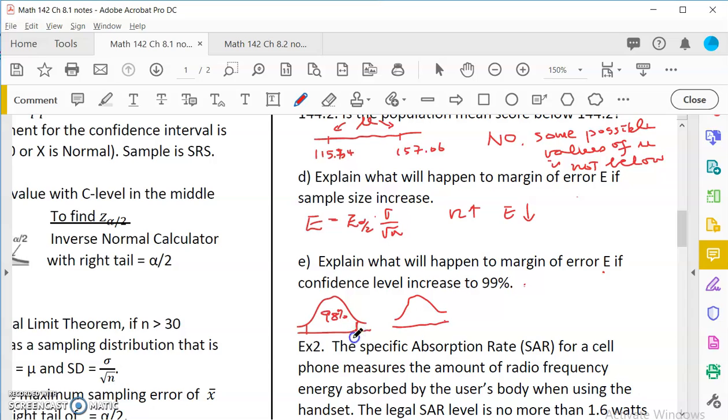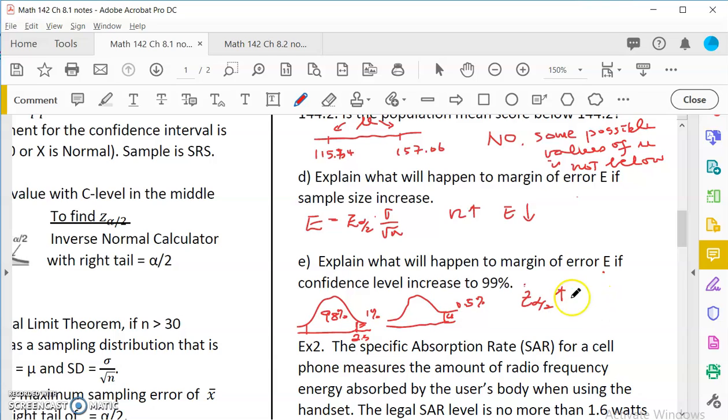The critical number was like 2.3 something, right? Now, your two tails will be 0.5% each. Alpha is 1%, so this used to be 1% in each tail. Now it is 0.5%, 0.5%. So of course, this would be pushed to the right more. It would be more than 2.3. It's a larger z alpha over 2.